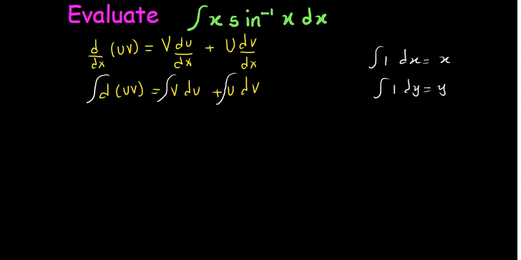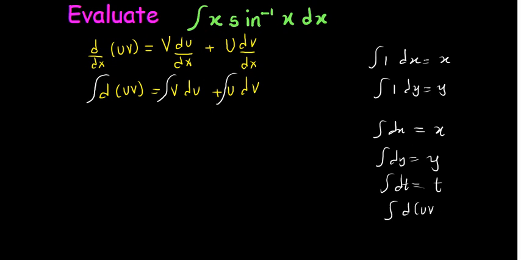I could have just said that the integral of dx is x, the integral of dy is y, and the integral of dt is t. Therefore the integral of d(uv) is going to be equal to uv.